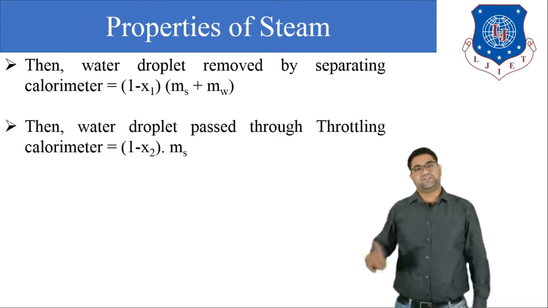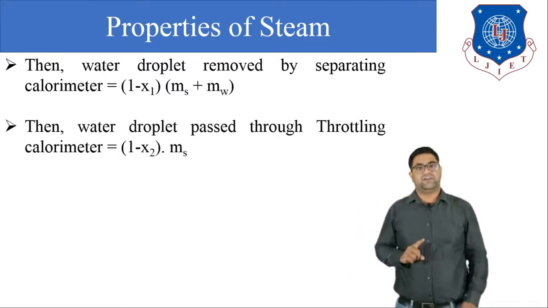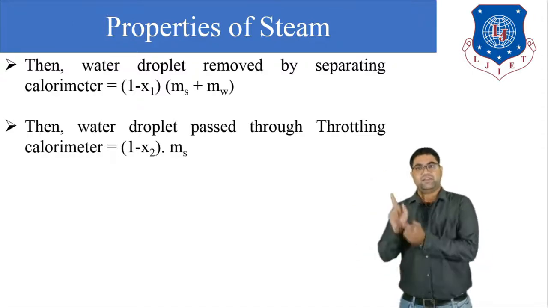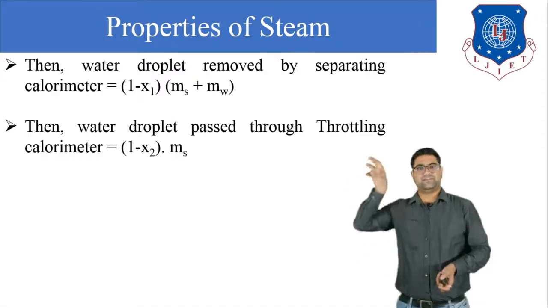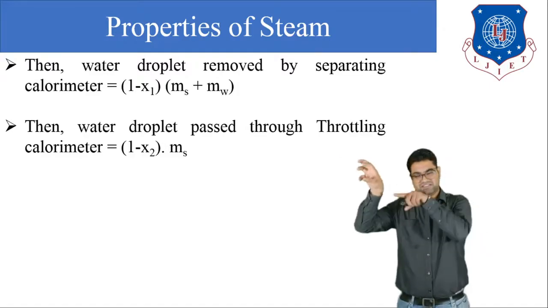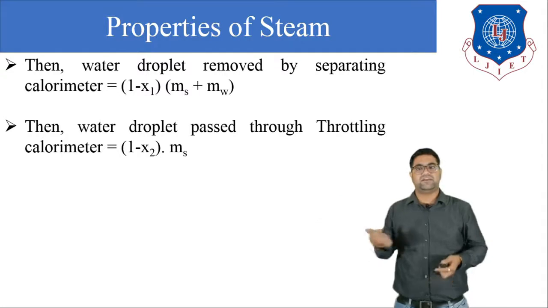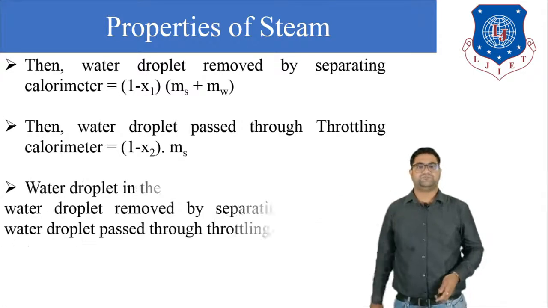Next, the water droplet which is separated in the throttling calorimeter is equal to (1 minus x2) into ms, because here the water is already separated in the separating calorimeter. So the steam which reaches the throttling calorimeter is only dry steam. So here you can write (1 minus x2) into ms. Okay.